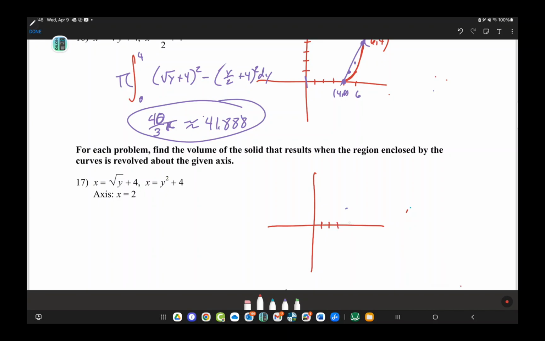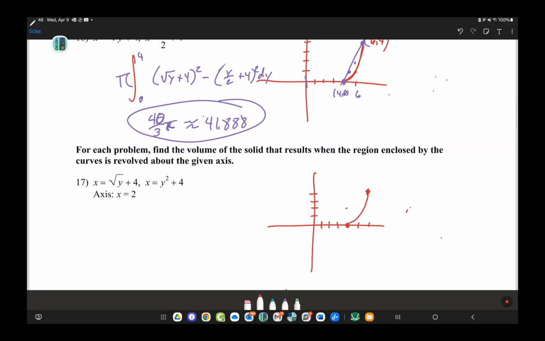1, 2, 3, 4, 5, 6. So 4, 0, and we have 6, 4. And we have y squared plus 4.